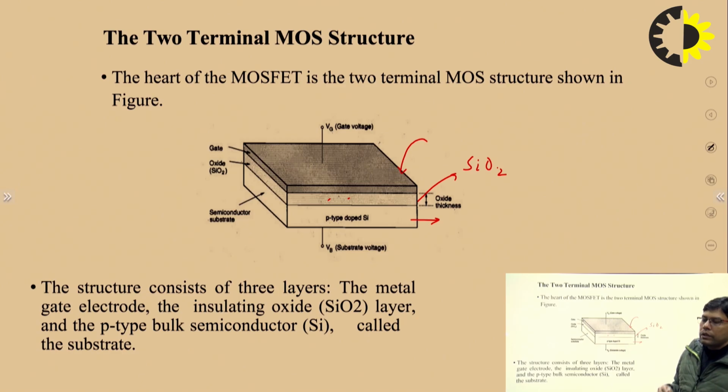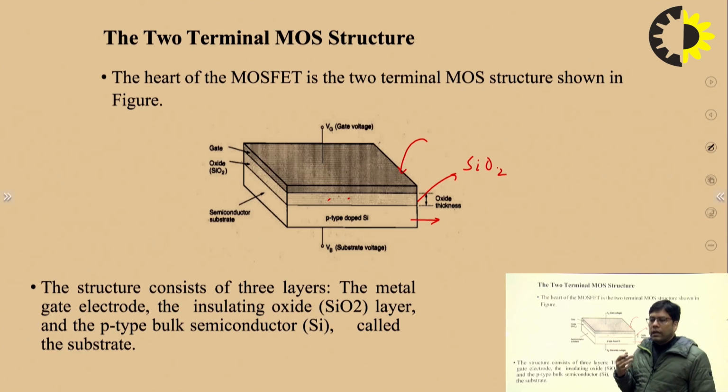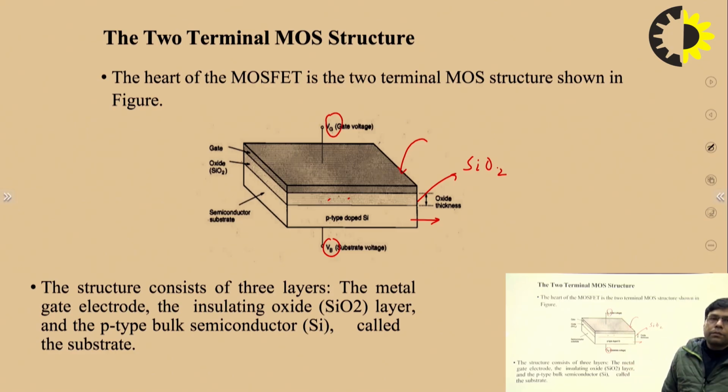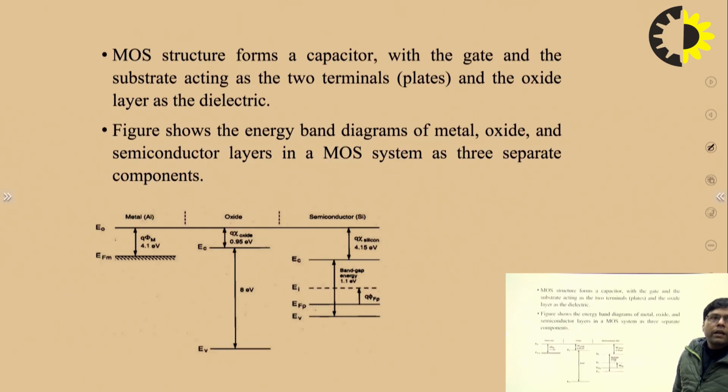As we know, the MOS has four terminals: gate, drain, source and substrate terminal. Here we are talking only about two terminals, the gate terminal and the substrate terminal, represented by B, right? Next we need to understand the energy band diagram for the different layers.